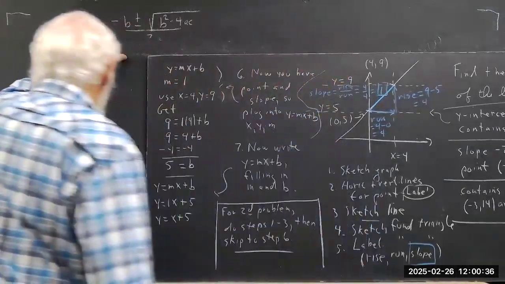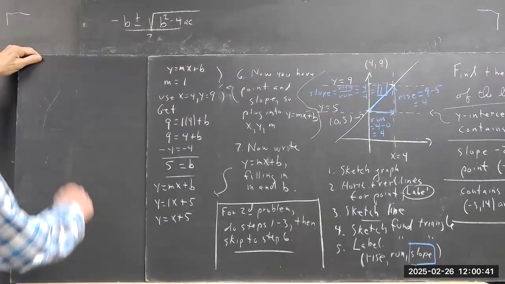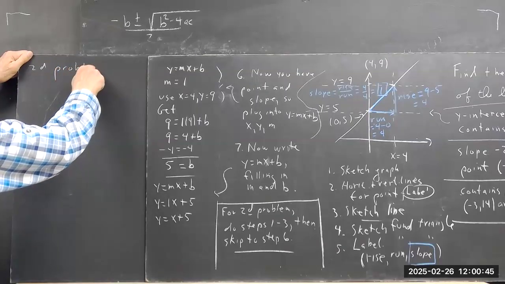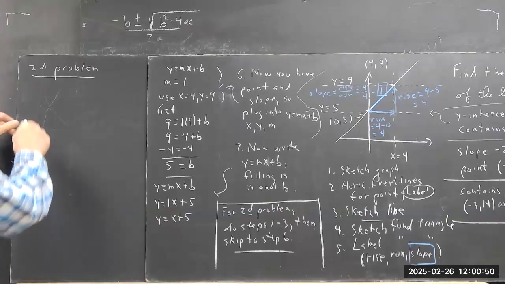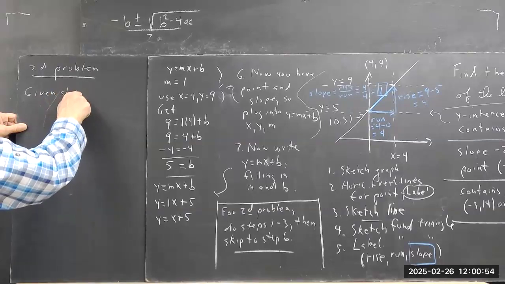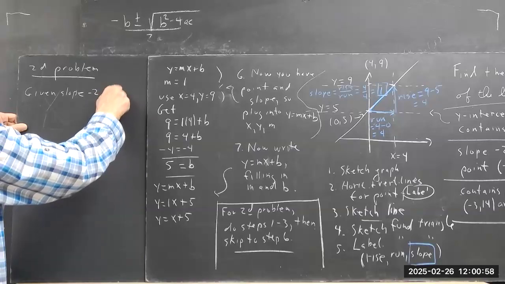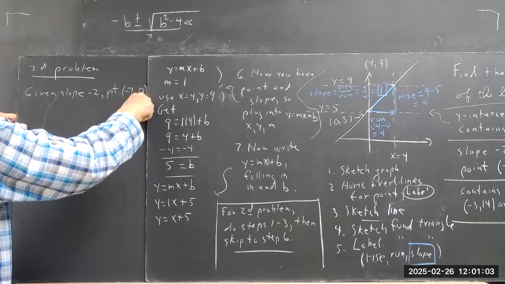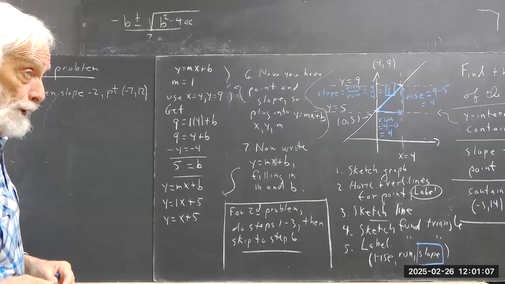Let's see how that works. You're given slope -2 and the point (-7, 12).